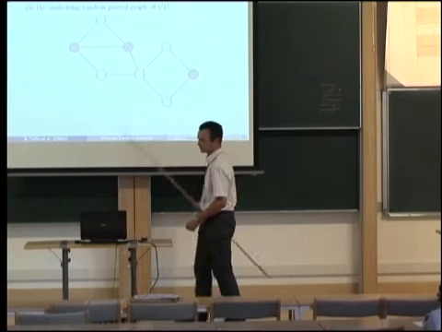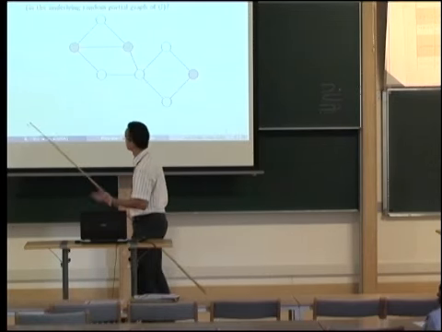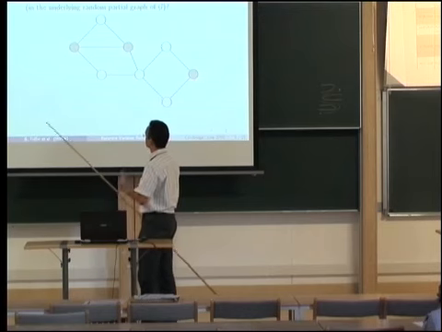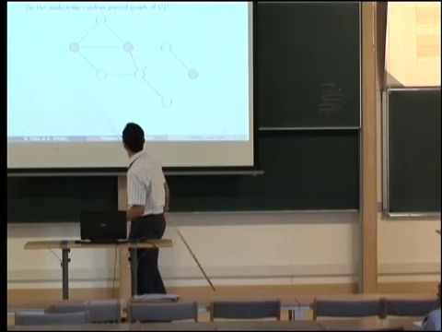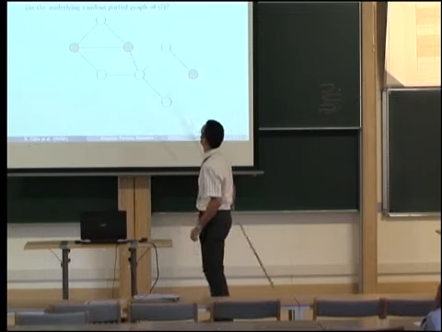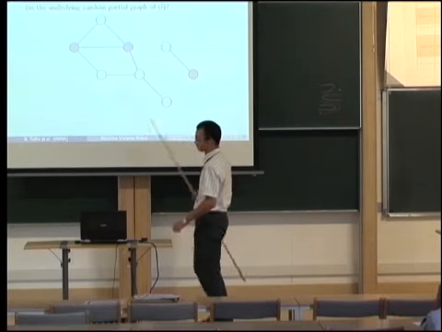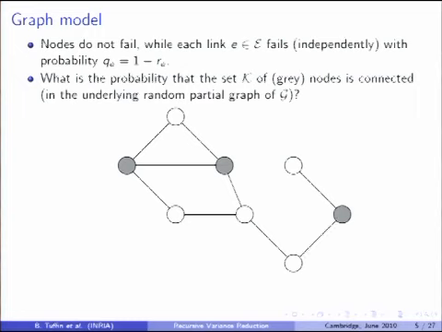So if you have this kind of topology, you generate randomly the fact that links work or do not work, and you end up with random partial graphs. In this case, the nodes are not connected. In this case, they are connected, not connected, and so on.